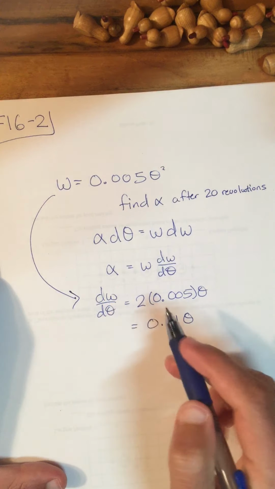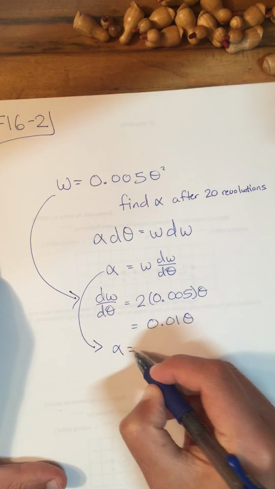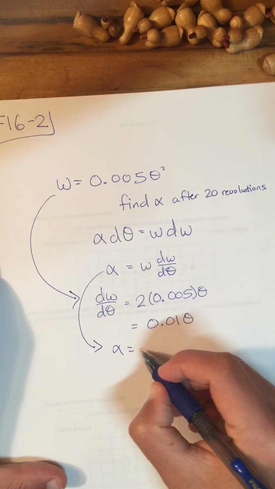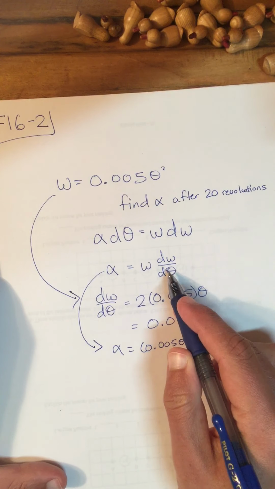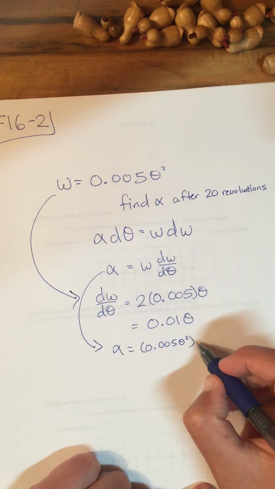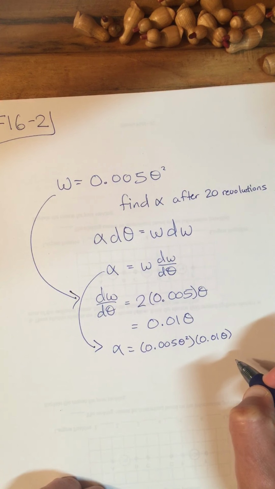So I have the angular velocity, 0.005 times theta squared, times the derivative, which is 0.01 times theta.